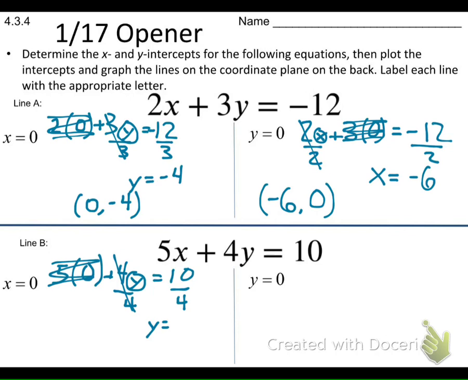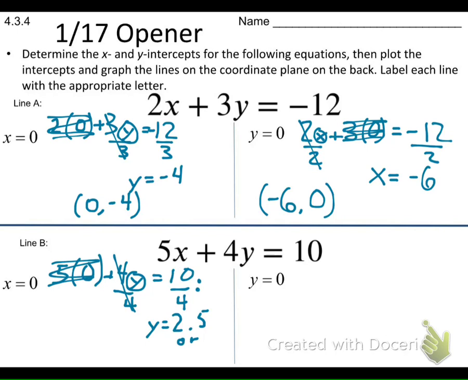2.5. The answer's, if we're doing a decimal, it is 2.5. Or you can write it as a fraction, but a simplified fraction. How do we simplify that? What number goes into both 10 and 4? 2. Yep.